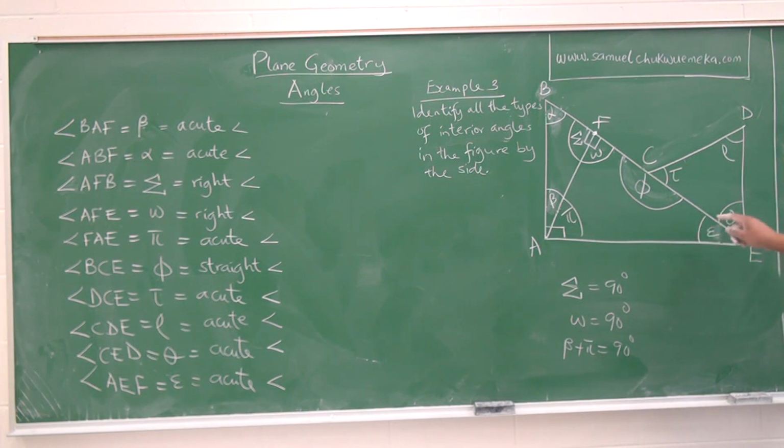Now, if I just deviate from the question and talk about this exterior angle, angle C, it is obtuse if you look at the way it goes, because this is B, C, D. But we are concerned about the interior angles, okay?